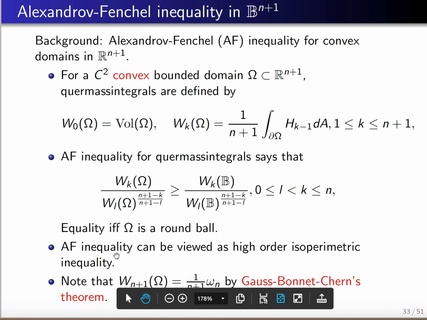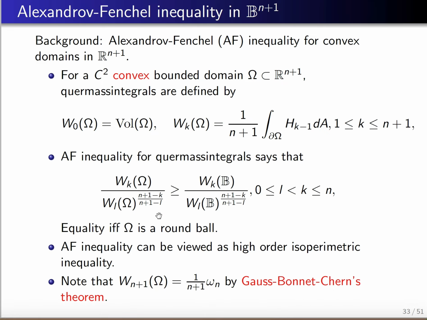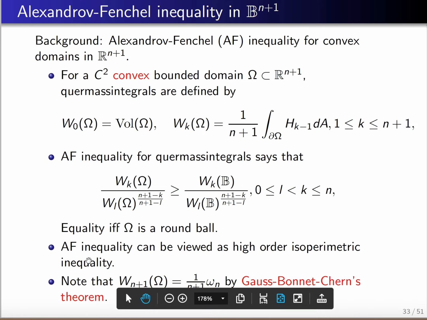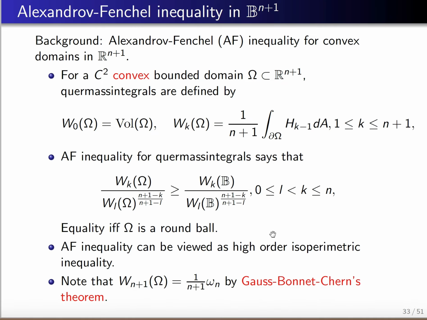Especially when k is 1 and l is 0, this is exactly the isoperimetric inequality. So the Alexandrov-Fenchel inequality can be viewed as higher order isoperimetric inequality, but for convex domains.